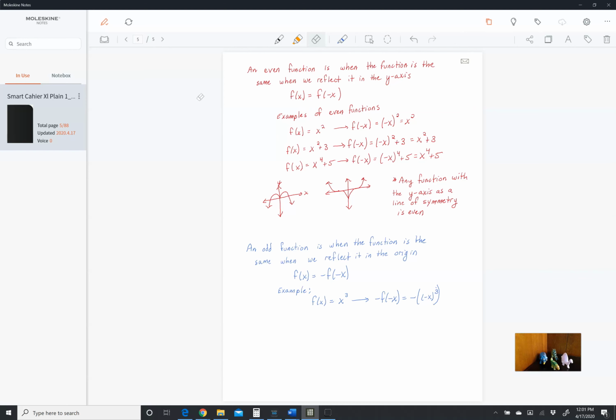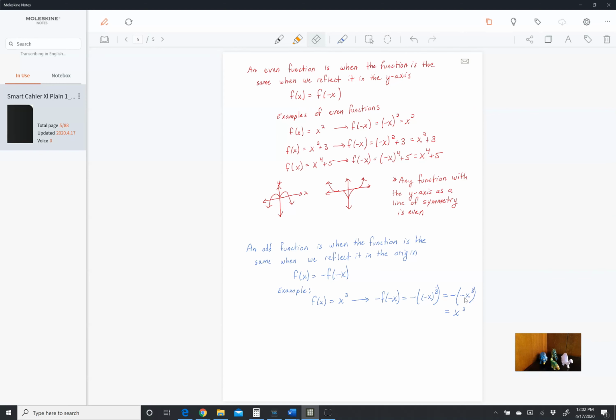So we put a negative in front of the whole function, and then we change the x to a negative. Well, negative x cubed is negative x cubed. This inside, it simplifies to a negative x cubed where you don't need the negative x in parentheses. And then negative of negative is positive. It's the same function, okay?